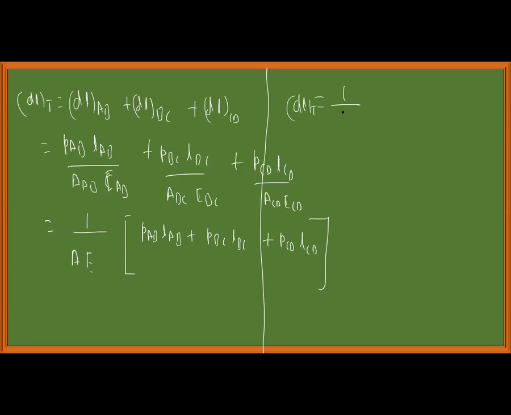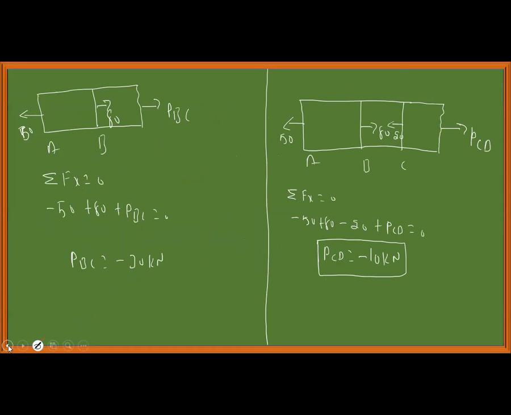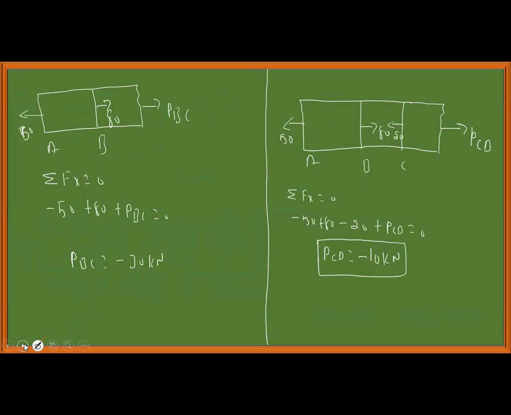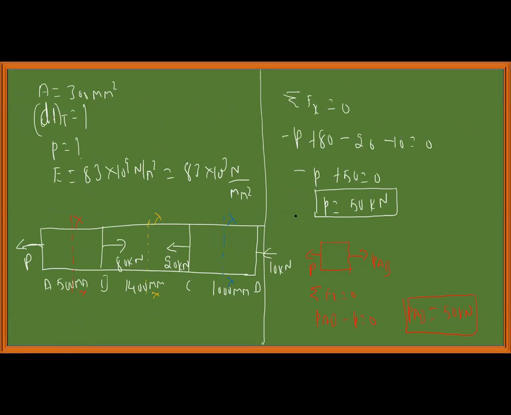to 1 by 300 into 83 into 10 power 3 into P of AB. How much is P of AB? We have found this in this section.